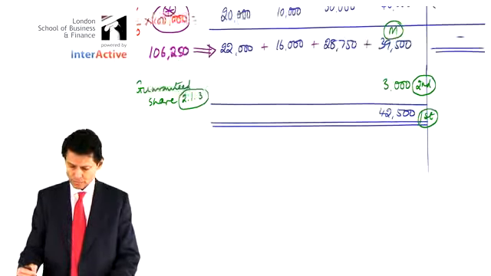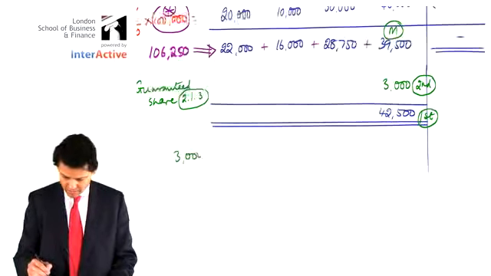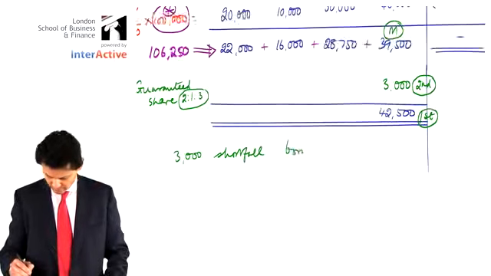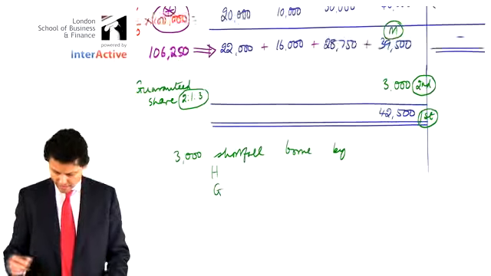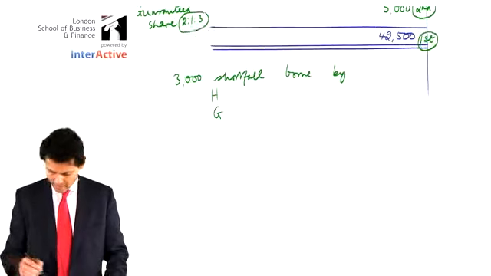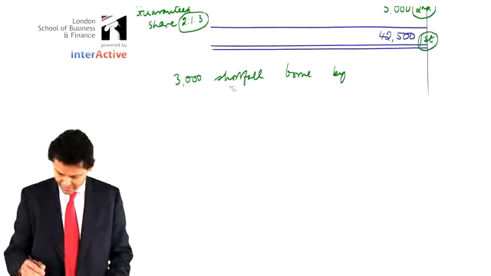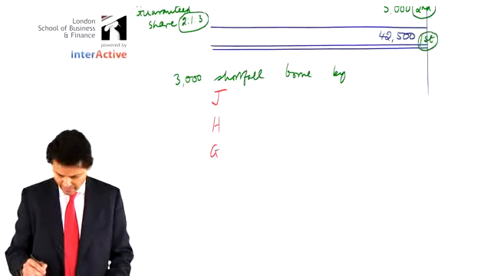So if I were to do that calculation downstairs, the 3,000 shortfall is borne by Howard, Gary, and Mark in the proportion, I beg your pardon, borne by Mark as the beneficiary, Jason, that sounds better, Howard and Gary, and that is, of course, 2:1:3. That's a lot better.